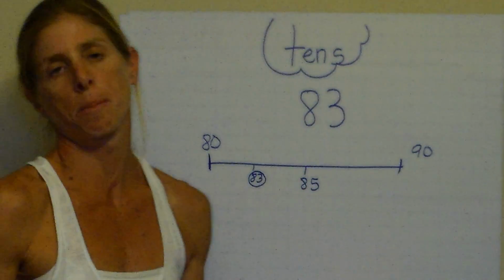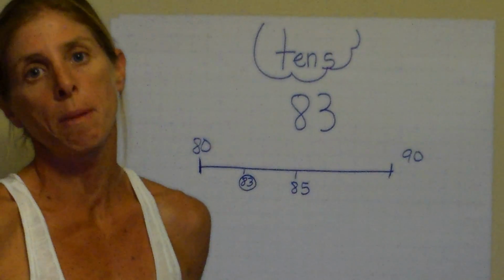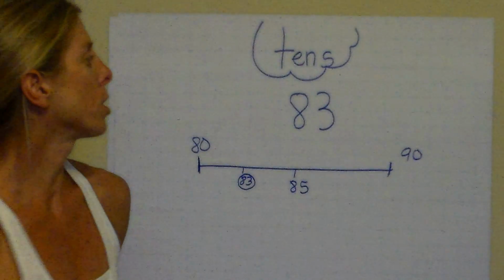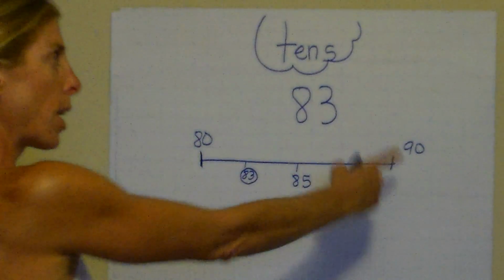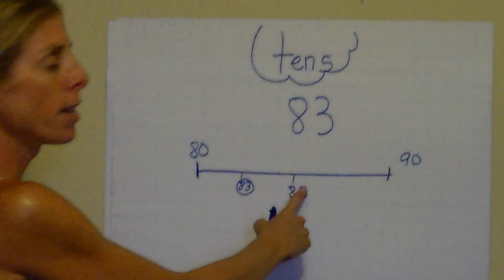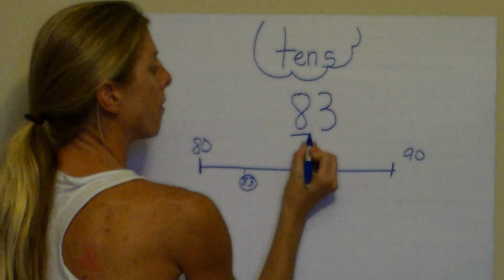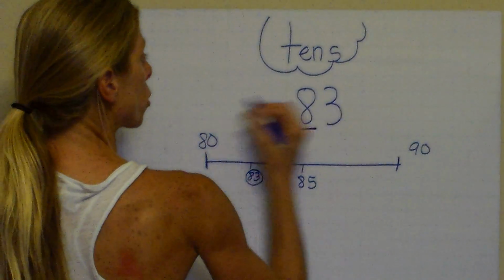Now, we could do the number line the entire time, but when your numbers get bigger, it's better that you learn the method. So the first thing we have to do is find the place value. Remember how we had the little dance? You find the tens place. You have the ones and the tens. And then you underline it. That's the number that's going to be changing. Then you look to the right.